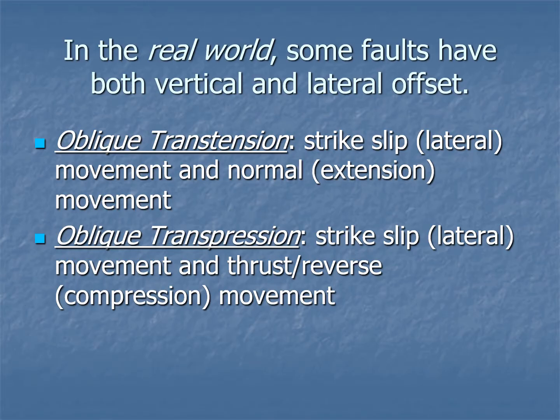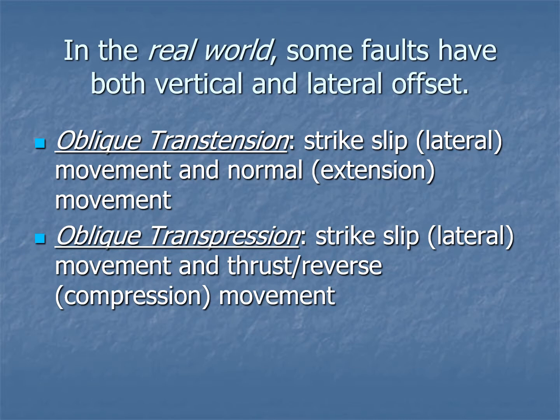Okay, this information here on this slide is not on your exam. And we didn't take time for it in class because, well, it's alternate hybrid now. But in the real world, there are more interesting faults than just what we have discovered, okay? So there are times that you can have both strike slip movement and vertical movement at the same time.